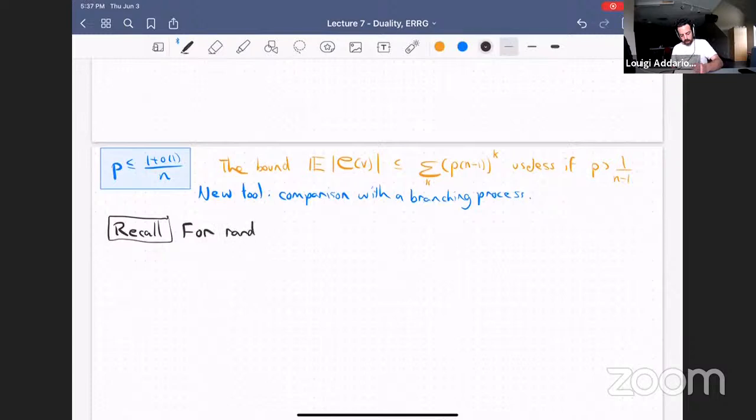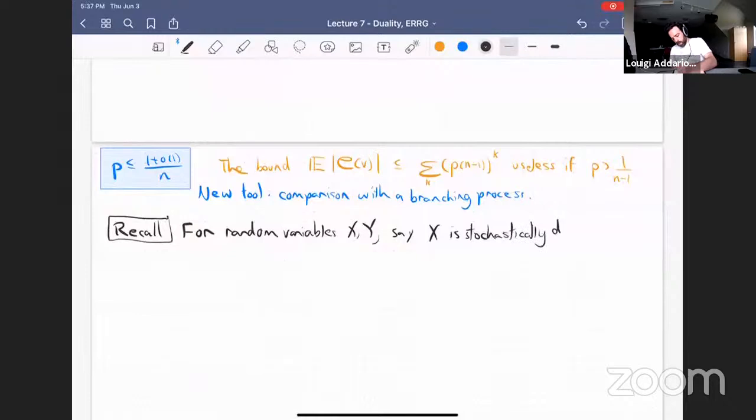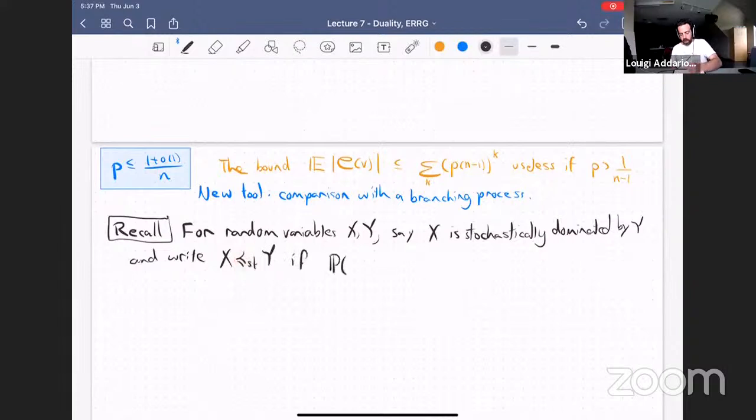For random variables X and Y, we say that X is stochastically dominated by Y, with the notation X precedes-or-equals Y. This just means that the probability that X is at least t is at most the probability that Y is at least t for all real t.